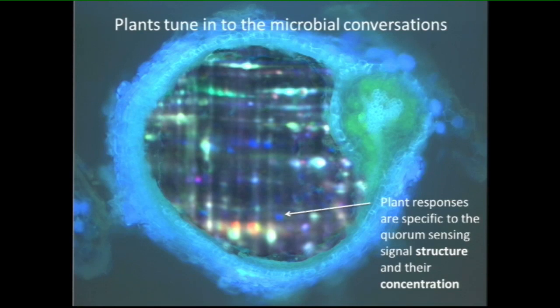So they can differentiate signals from different bacterial species, and also they can differentiate different concentrations that would reflect certain bacterial densities. And so maybe this could tell plants that certain bacteria are accumulating around them, and also whether they are actually ready to switch into a certain mode to turn on certain behaviors.